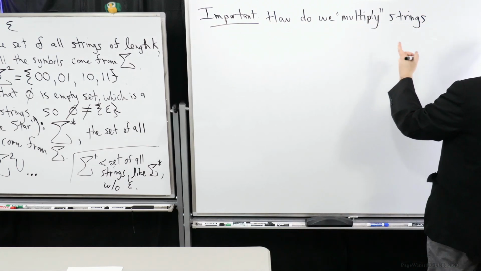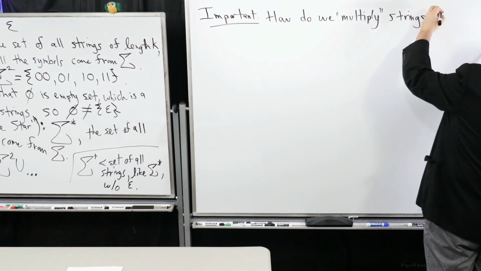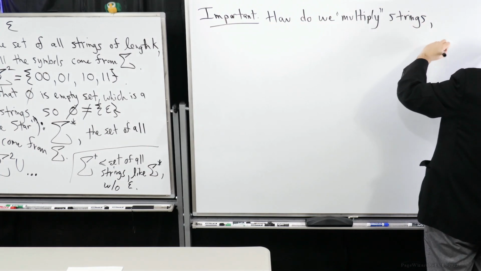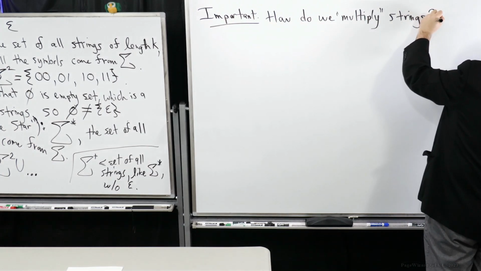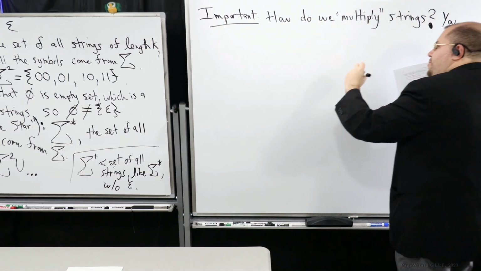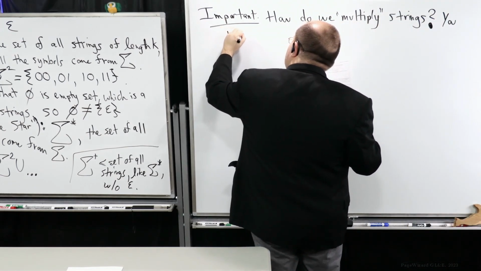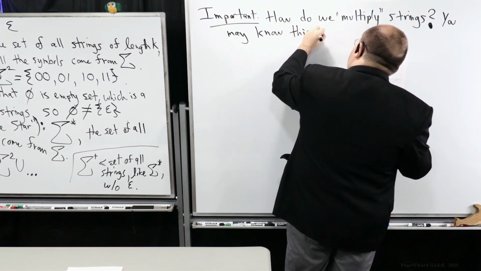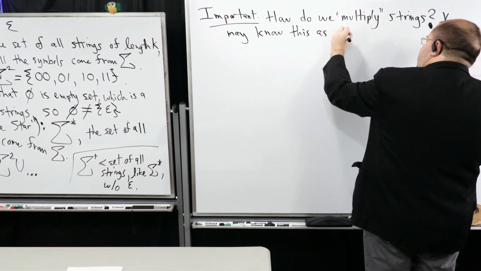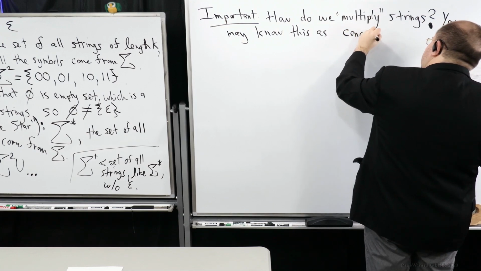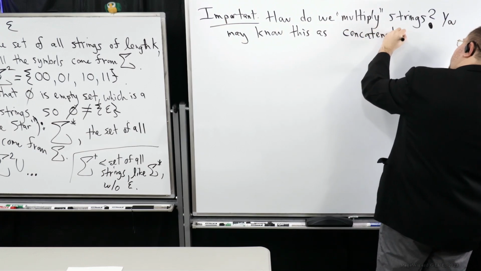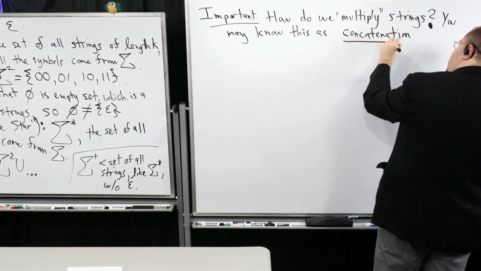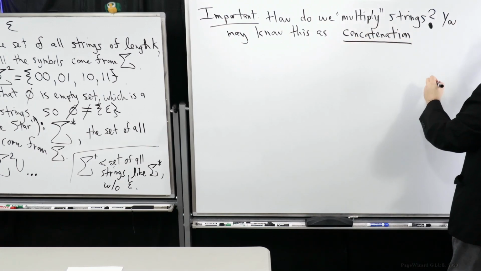But you might know it under a different name. You may know this as concatenation. So this is often referred to as concatenation. That's the fun word of the day.